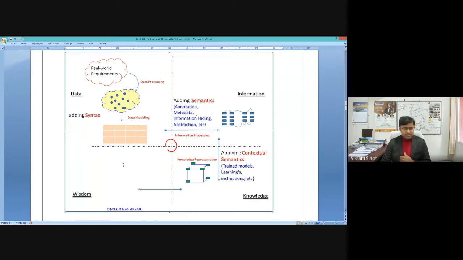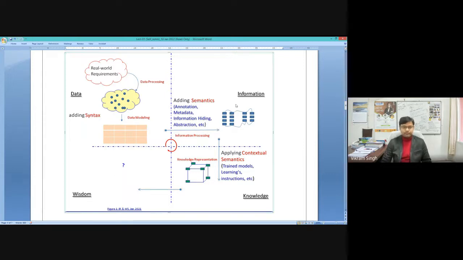So once we process something from the data quadrant and make it an information object, it is for generic use, to be consumed by the real world user, right? That's one thing.